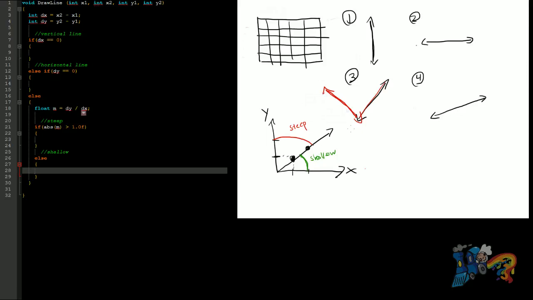So let's take a look at our vertical case first. So here's our vertical line, just like that. Now remember, when we actually get to the point in our pipeline where we're setting explicit pixels, we are in screen or viewport space.